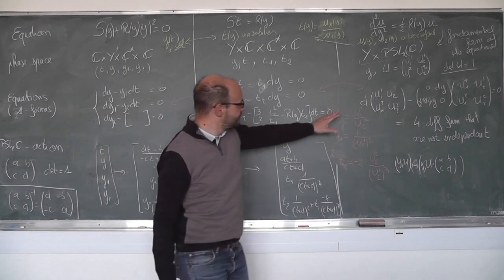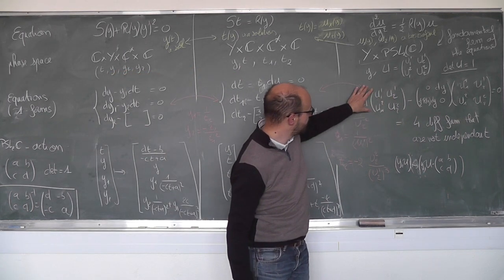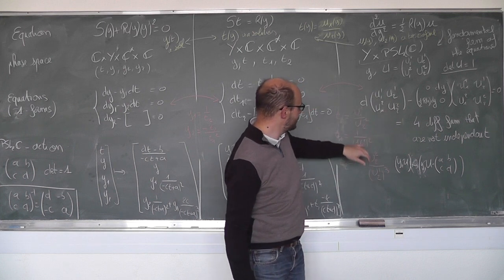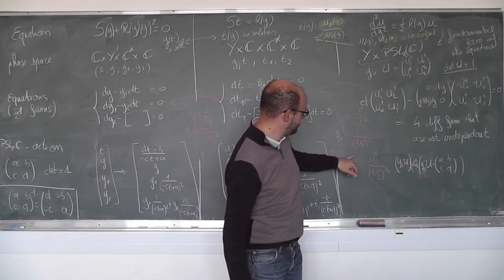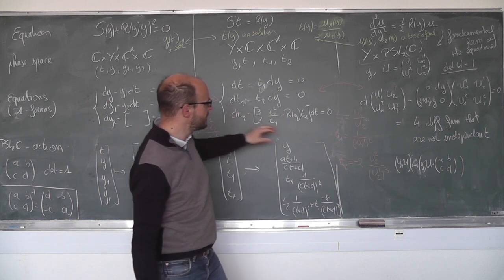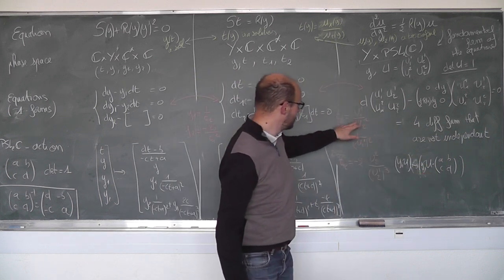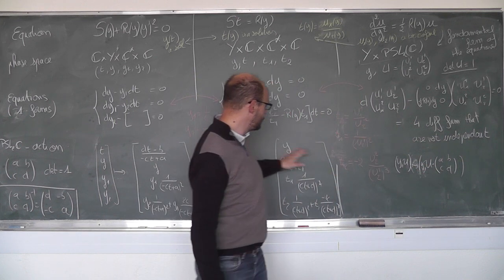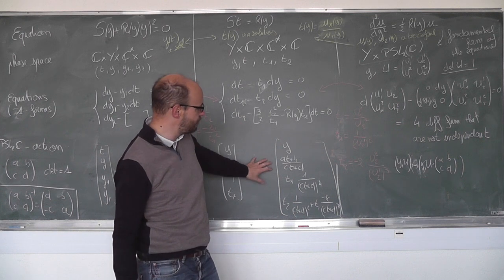So here again, if you take this equation here, so this equation, you do this change of variable, you will obtain this equation here. If you look at the group action in the new variables t1, t2, and t, you will get this group action.